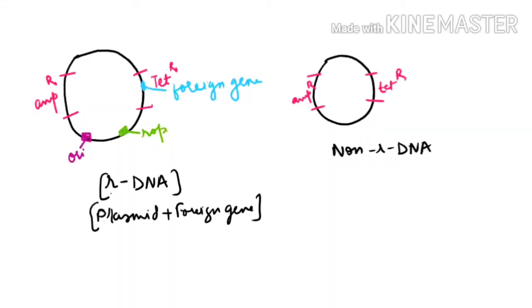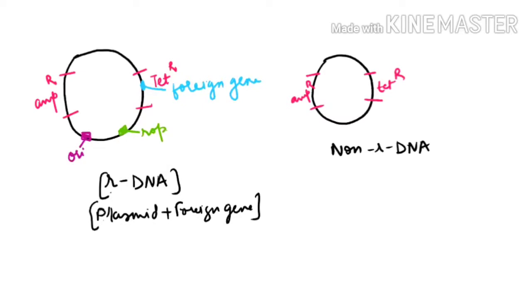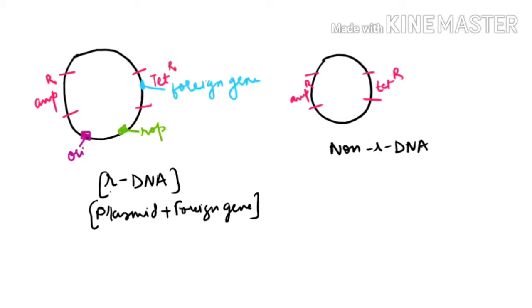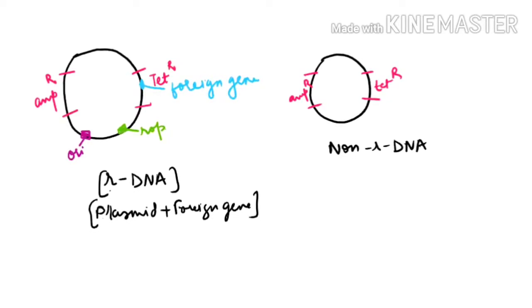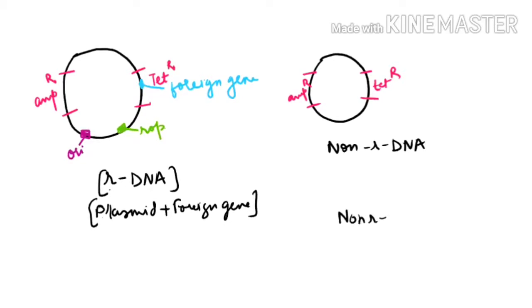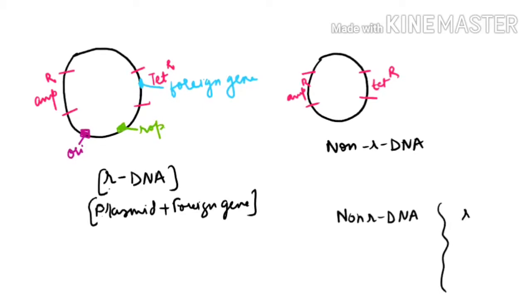So I think up till now your concept is clear. Recombinant DNA is having the foreign gene in tetracycline, but non-recombinant DNA is the one which has not taken the foreign gene. Now let us see here, this is your non-recombinant DNA, and this is your recombinant DNA.